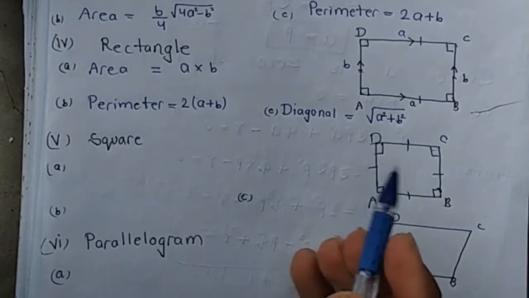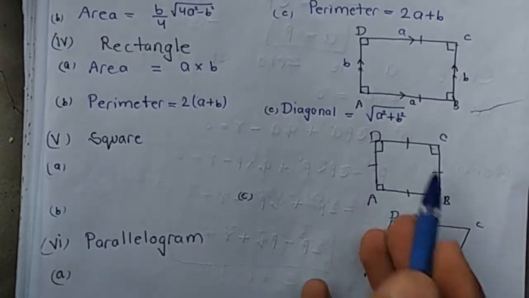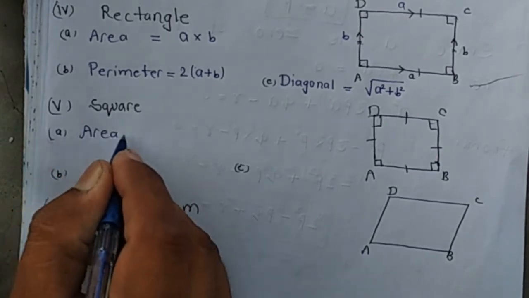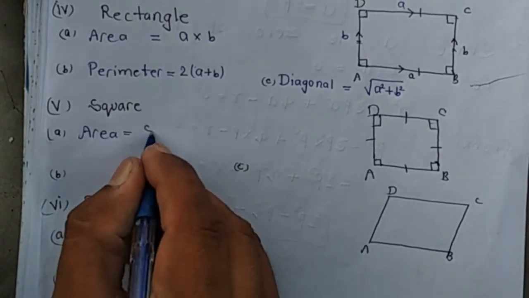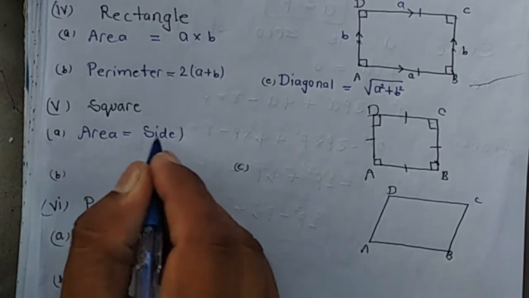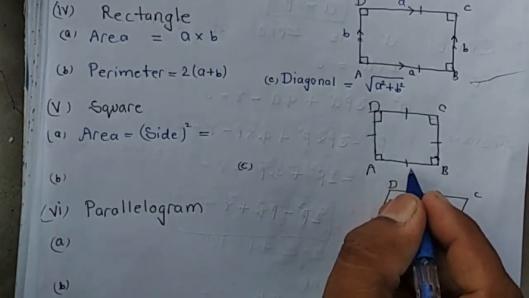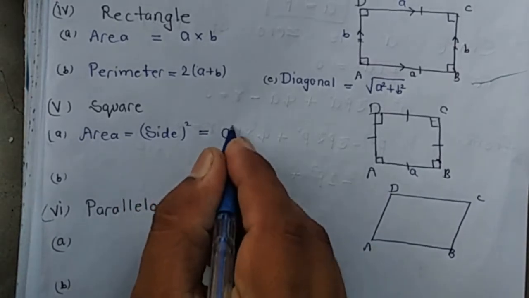Square. In a square all sides are equal and each angle is 90 degrees. Its area is given by side square, meaning if the length of the side is A, then it is equal to A square.